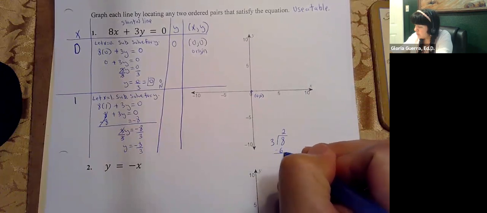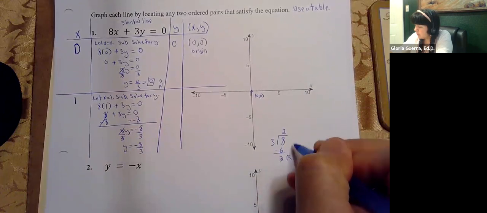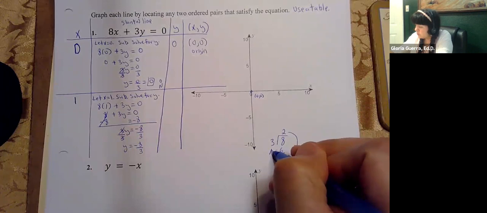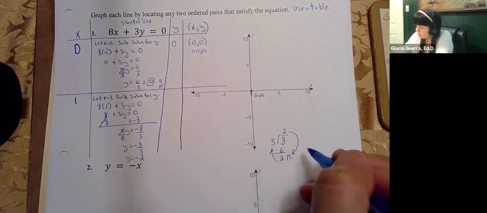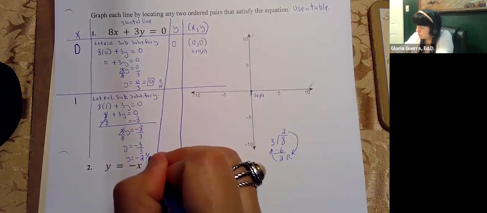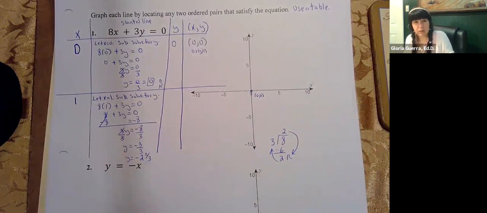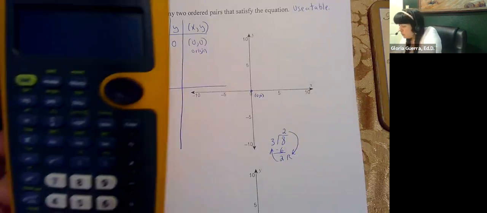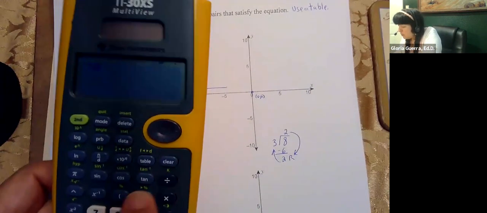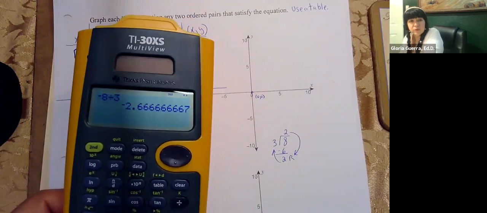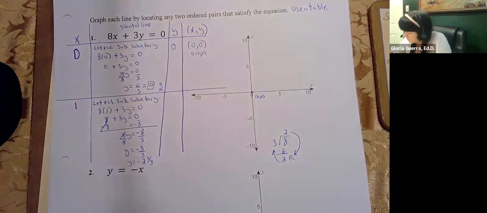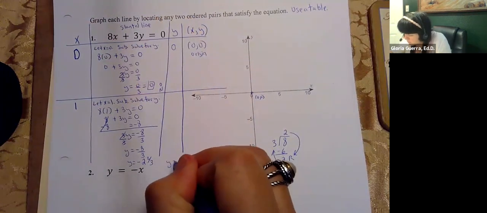That's 6 with 2 left over. And remember, it goes clockwise. So y is negative 2 and 2/3. And if I wanted a decimal, negative 8 divided by 3 is negative 2.6 repeating.